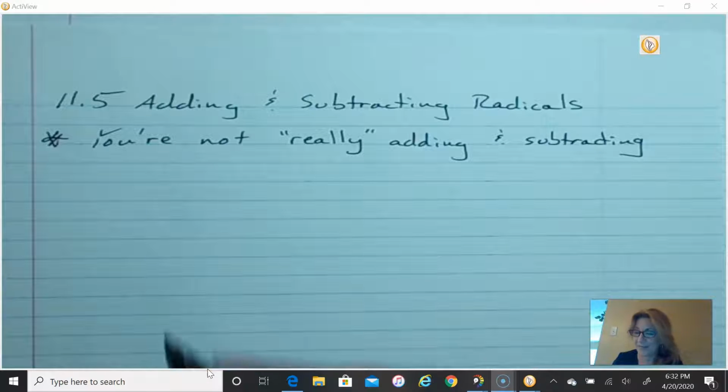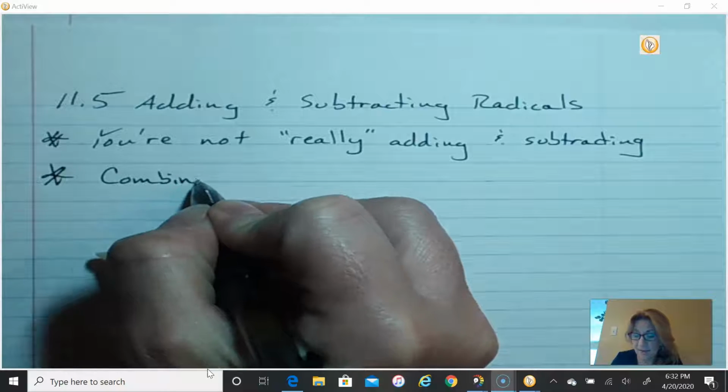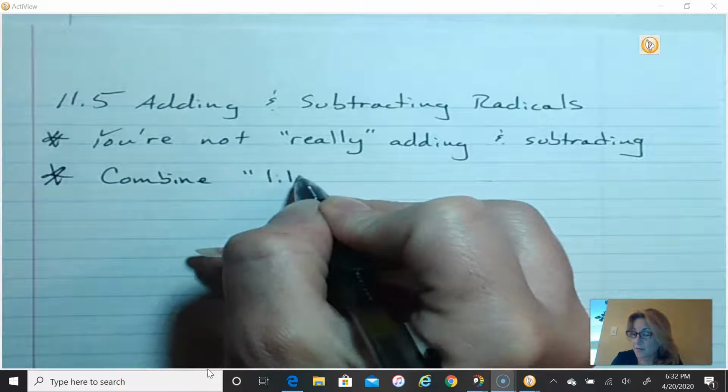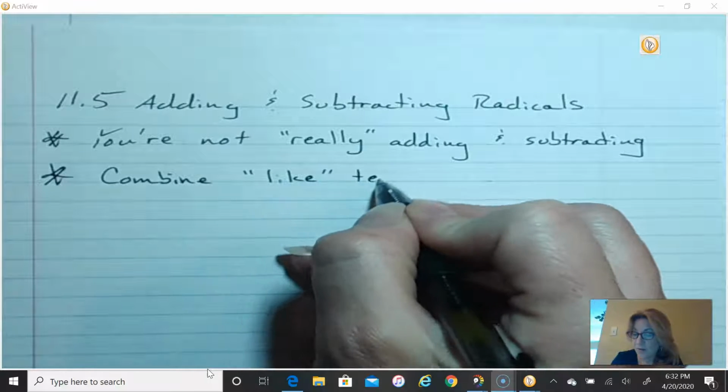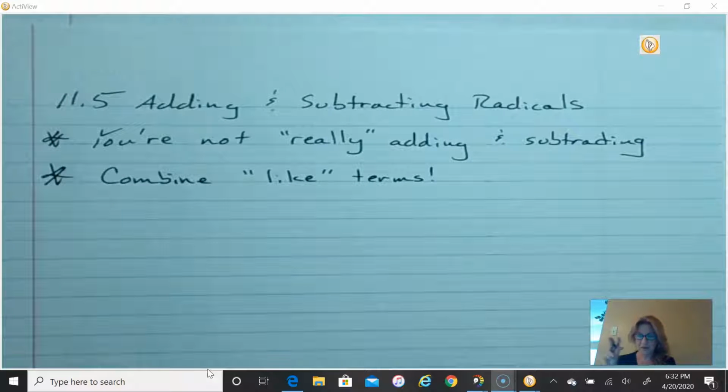What you are doing, you're going to combine like terms. Y'all have been doing this for 2 years now, multiple times during the year. So this stuff isn't going to be quite as bad.